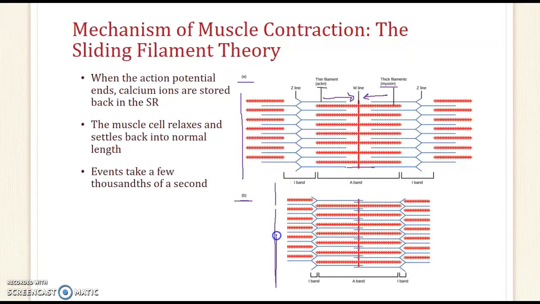And it can happen so much that the actin filaments will actually start to slide past each other so that the H zone is completely gone. So this is a contracted sarcomere, this is a relaxed sarcomere. And you can see in the contracted one that the two actin filaments have now slid past each other because the myosin has attached and created that cross bridge and power stroke.